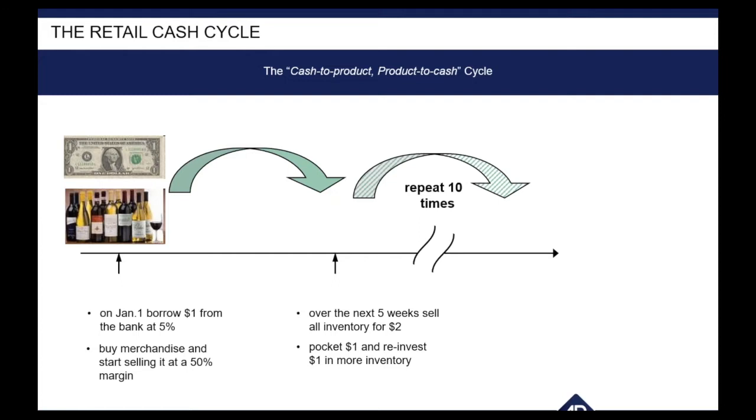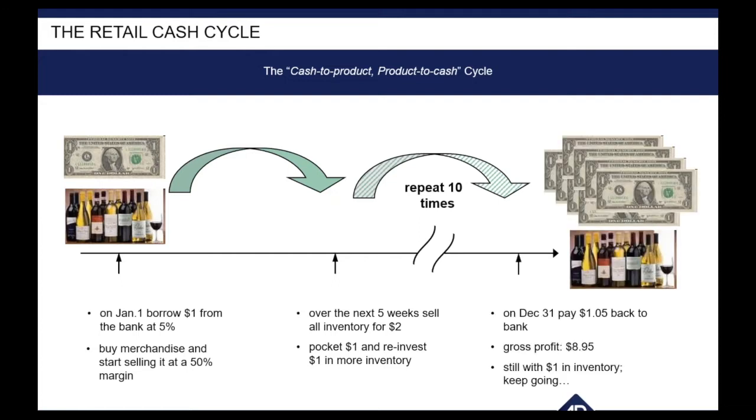Over the course of 1 year, I will repeat the cycle 10 times, and that will get me to the end of the year where I can pay back the loan to the bank, the $1 plus the 5% interest. And repeating this cycle, I will have netted $10 minus the principal that I paid back and the interest.